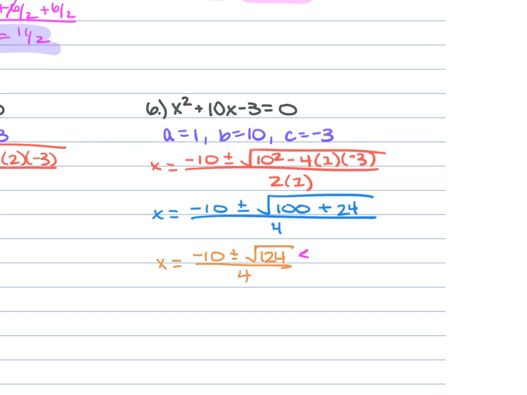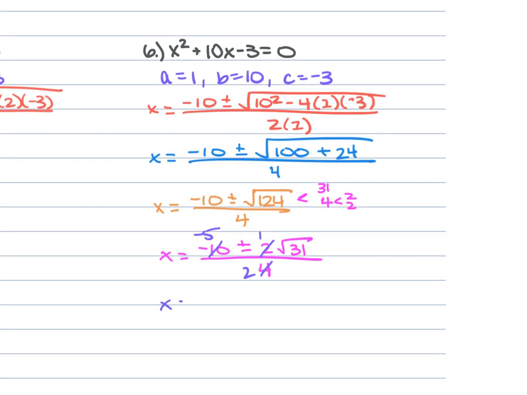That 124 is 4 and 31. The 4 is 2 and 2. So x is equal to negative 10 plus or minus 2 square root 31 all over 4. I'm going to simplify these by dividing them by 2, so that's negative 5, 1, and 2. So x is equal to negative 5 plus or minus the square root of 31 all over 2.